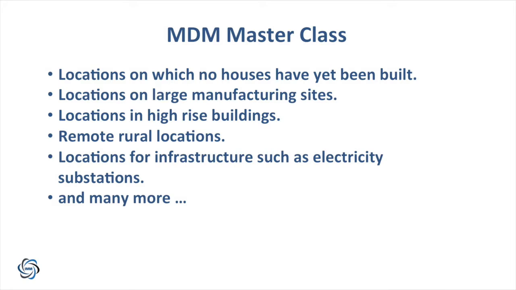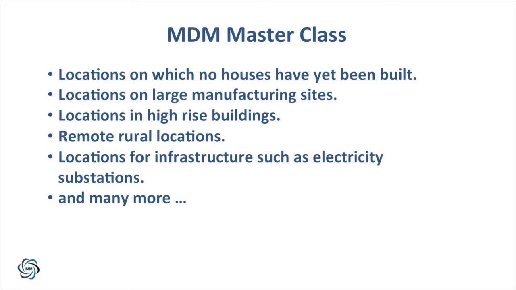I will talk much more about this in my masterclass on multidimensional MDM that I'm running on 25th and 26th of April. In this masterclass, we're going to expand on address and talk about locations, which are more than address. Locations that you need to know about can exist in their own right, depending on your business.